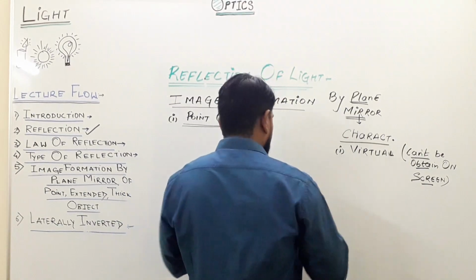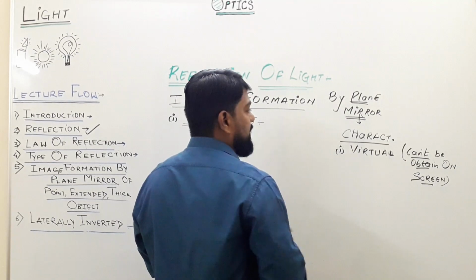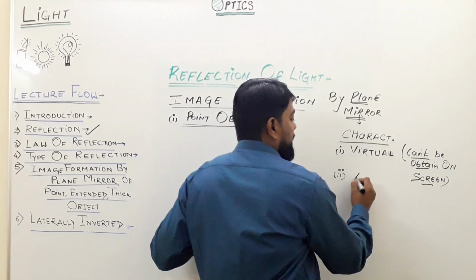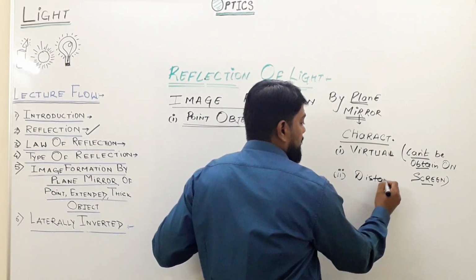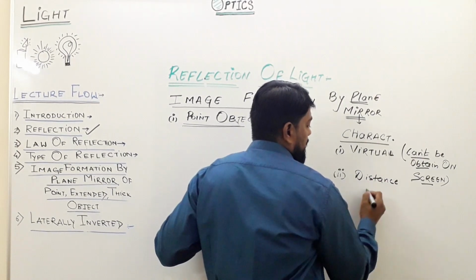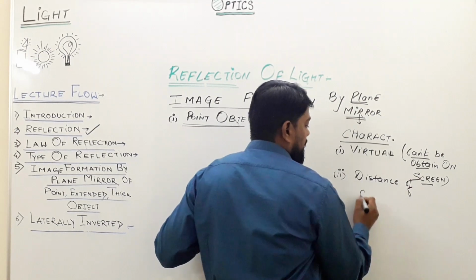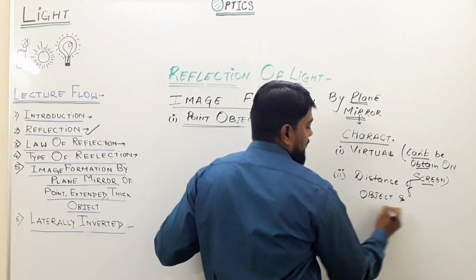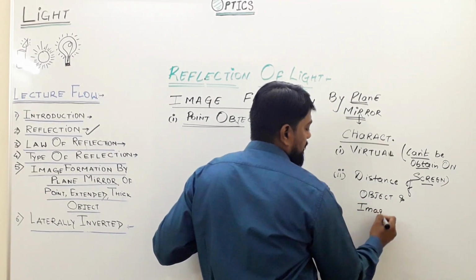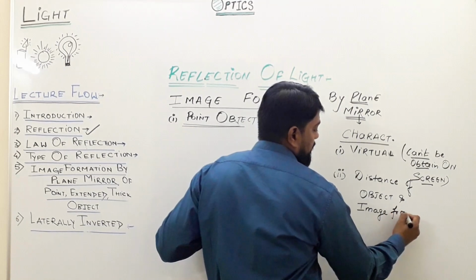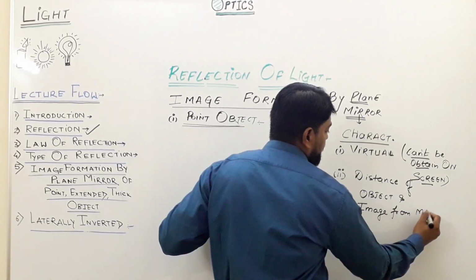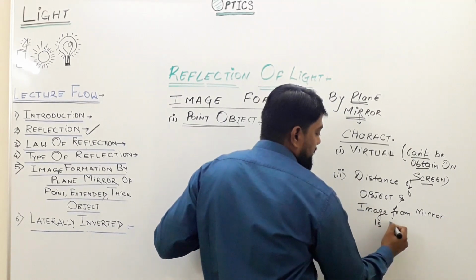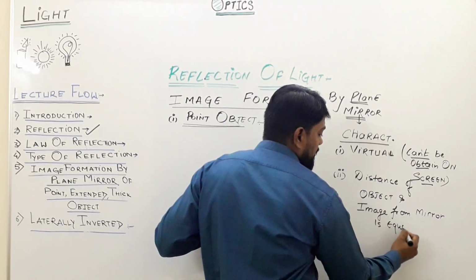So the plane mirror forms a virtual image. And second, the distance of the image and the distance of the object from the mirror are always the same. It means the distance of object and image from the plane mirror is equal.